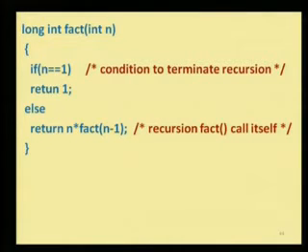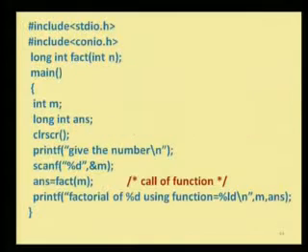Suppose 5 is given, then it will return 5 into fact n minus 1. Then fact is a function, so it will go to that particular function, and on going there the n value will be changed, and now n becomes 4.